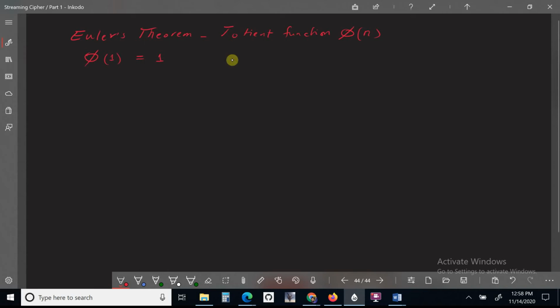Now, what does it mean? This is what it means, the definition. The phi function, or the totient function, represents a number. It's an integer, of course.